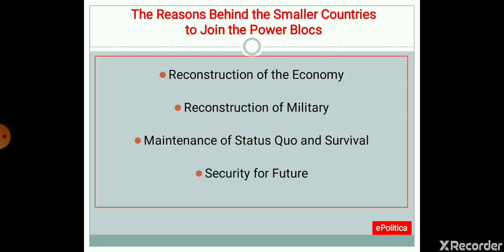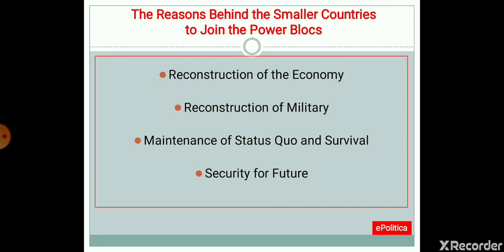Only by aligning with a strong or powerful country. That is one reason why smaller countries try to identify themselves in association with a superpower bloc. They want to survive in the game of competition in world politics. So that is another important reason why smaller countries were participating in power bloc politics.